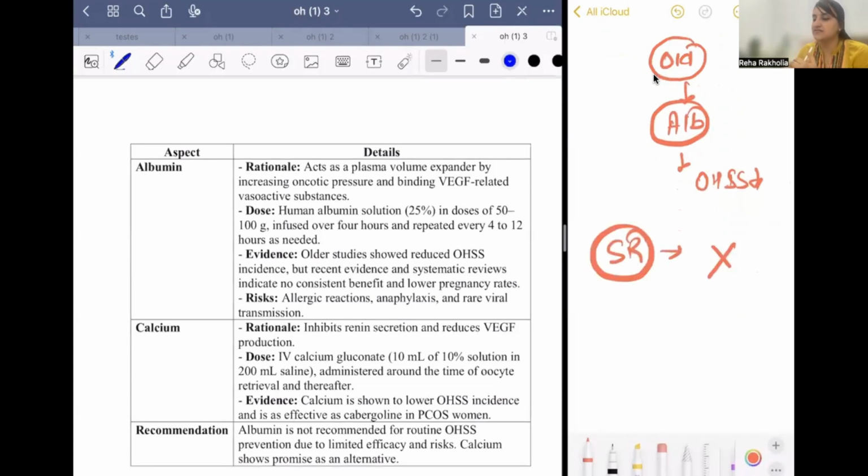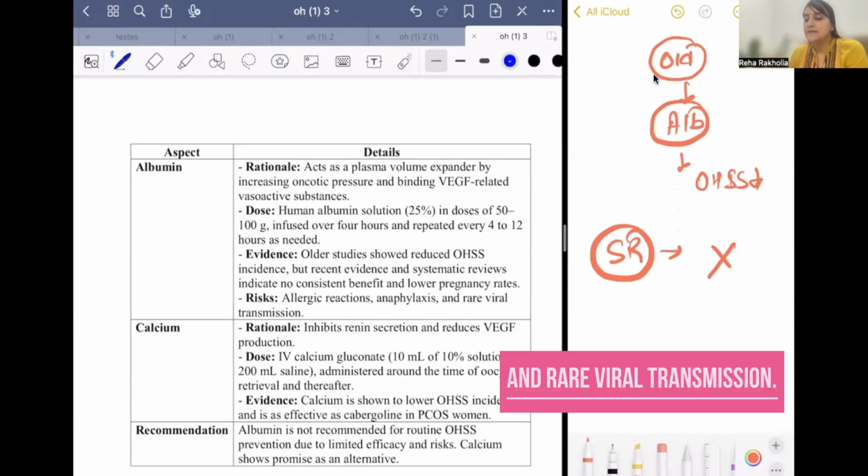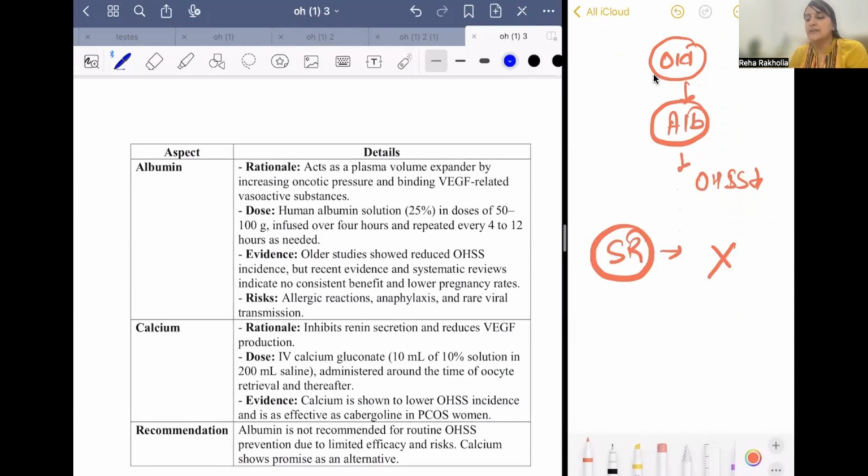In fact, some studies found that albumin may lower the pregnancy rate, and there is also a risk of allergic reaction and anaphylaxis. Due to these concerns, albumin is no longer recommended as a routine OHSS preventive strategy.